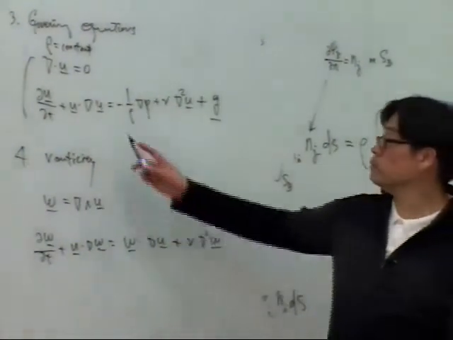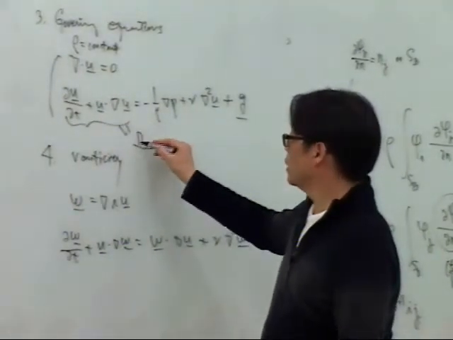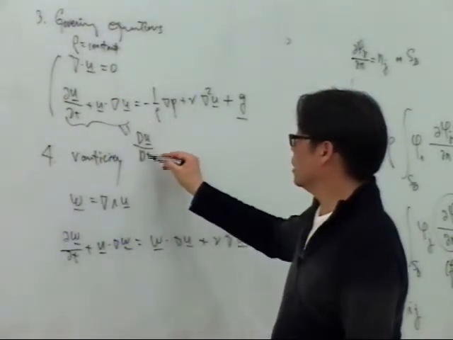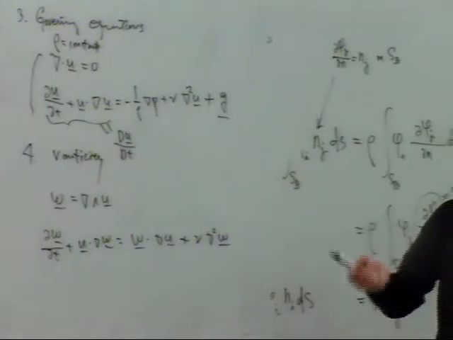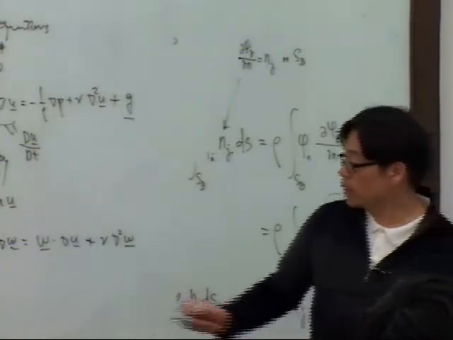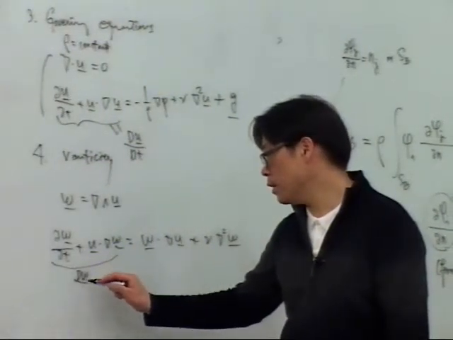And here, this is a material derivative, right? So we often write Du/Dt. So this is really the acceleration of a fluid particle when you follow the fluid particle. And this guy is the material derivative of omega.